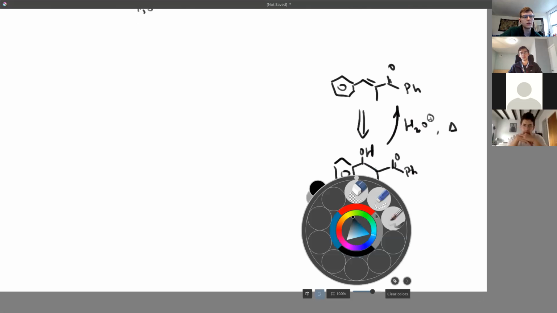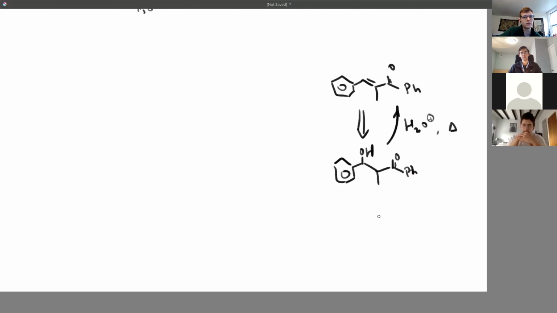Could you get that from a carboxylic acid, perhaps? No, that'd be a bit more involved. But here we have this carbonyl, and we're attaching this whole thing alpha to the carbonyl. So this is where we do our aldol condensation.